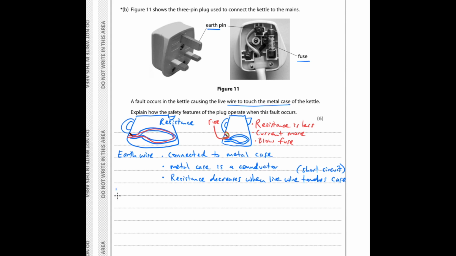So now if we start talking about the fuse, the current will increase. That's because the resistance decreased. So the fuse wire will get hot. Fuse is a thin wire. So the fuse wire gets hot because there's more current in there.